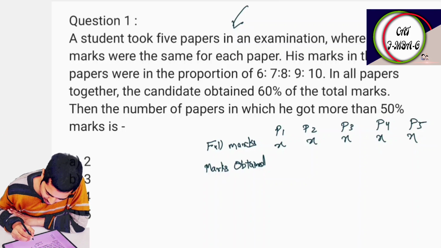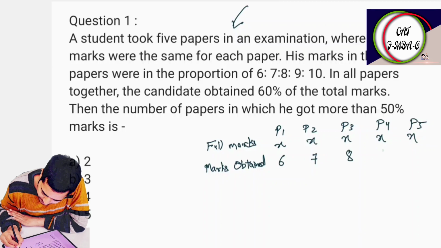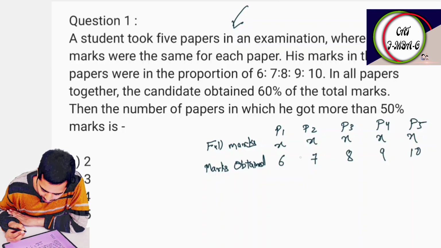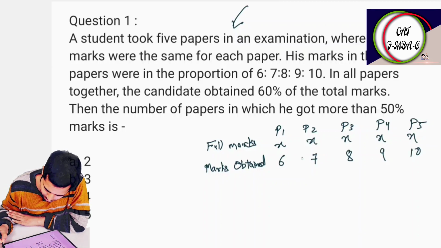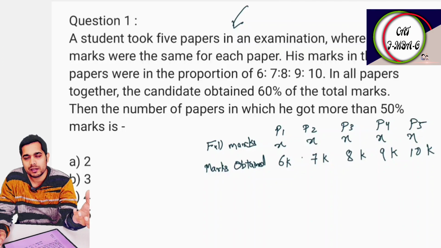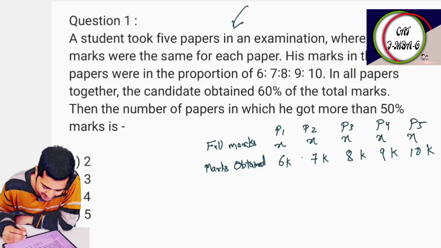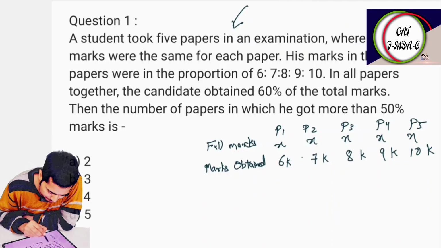Okay. So marks obtained is, let us say, 6, 7, 8, 9, 10. Now this is in a ratio or proportion, so you can take 6k, 7k, 8k, 9k, 10k. I have taken the constant of proportionality here as k. This is a very simple trick. In all the papers together, the candidate obtained 60% of the total marks.